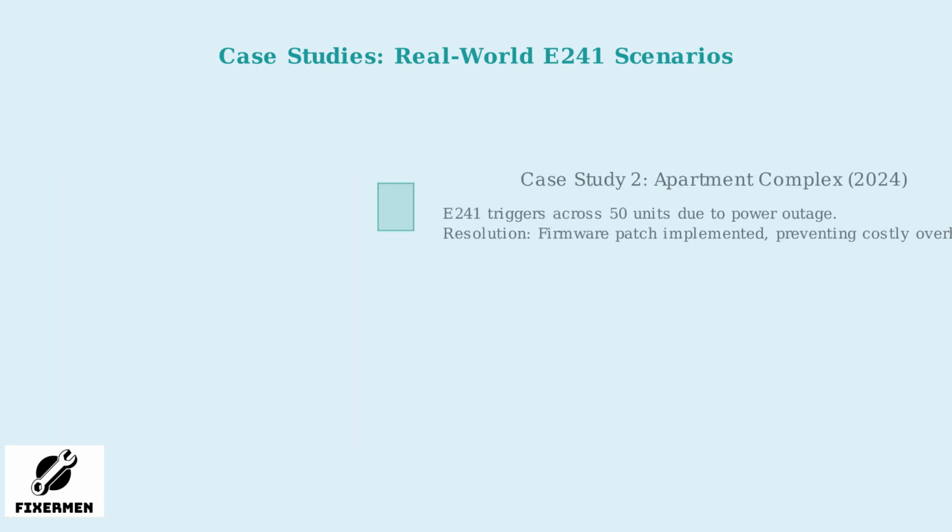In another instance from 2024, a Chicago apartment complex encountered E241 triggers across 50 units following a grid power outage. Rather than a full system overhaul that could cost $50,000, American Standard's field service team applied a firmware patch to reset memory en masse, resolving the issue efficiently.